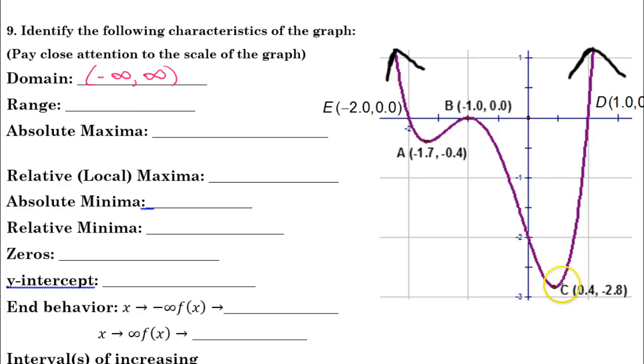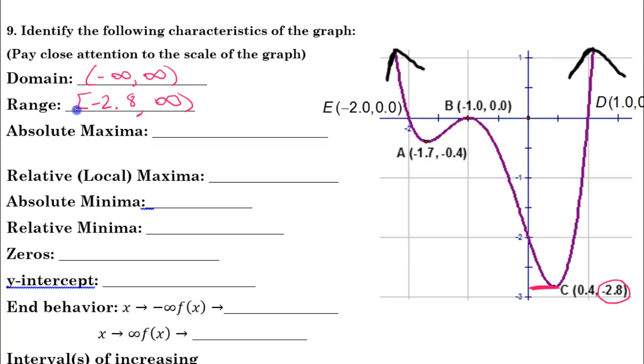All right, the bottom of this graph goes to a low of whatever this is. And you know what? This y value tells me exactly what it is. That's negative 2.8. So the range is going to be from negative 2.8 to infinity. Okay, because it goes up forever. So bottom to top, that's negative 2.8 to infinity.